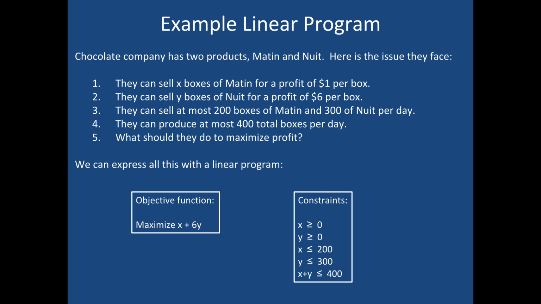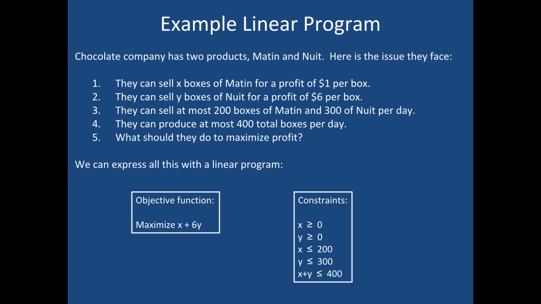So what do these constraints say? x and y are the number of boxes, and you can't make negative boxes. You can't make more than 200 of Matin. You can't make more than 300 boxes of Nui, and the total production can't be more than 400. Those are the constraints.